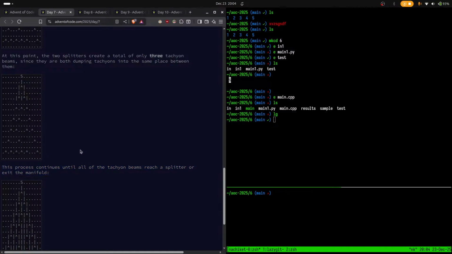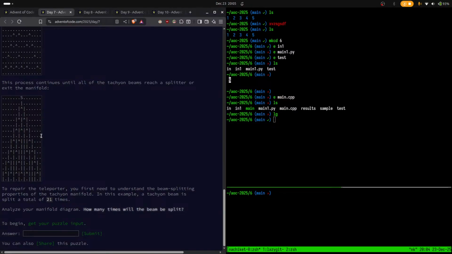At a time, only the beams in a particular row will be active. We start here, the beam starts here. So at t equals 0, there is only one beam, which is in the second row. At t equals 1, there are two beams, and so on.